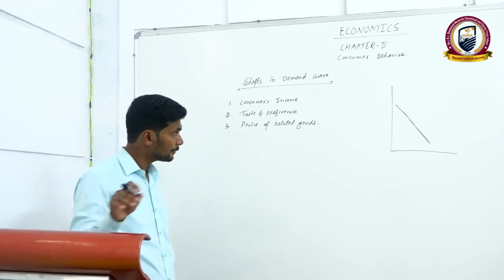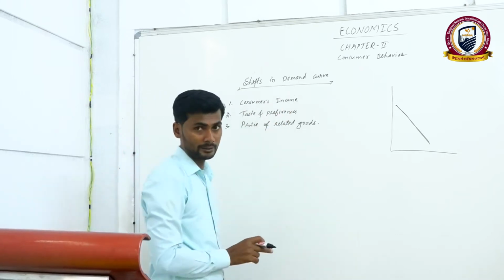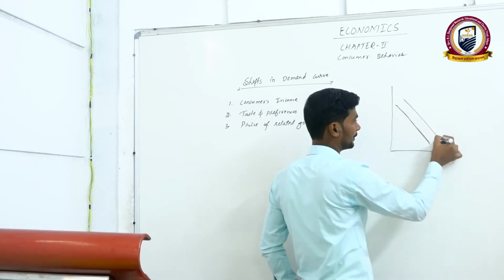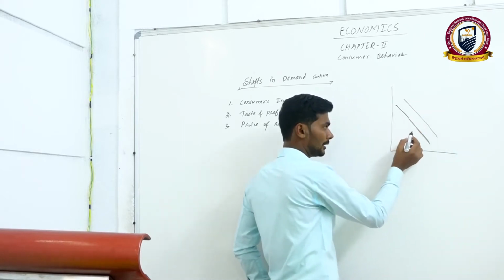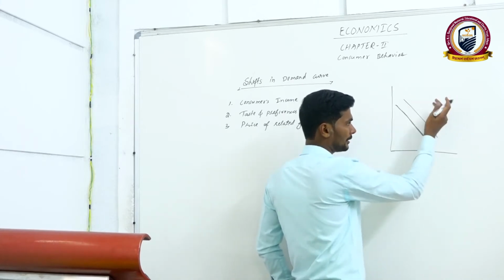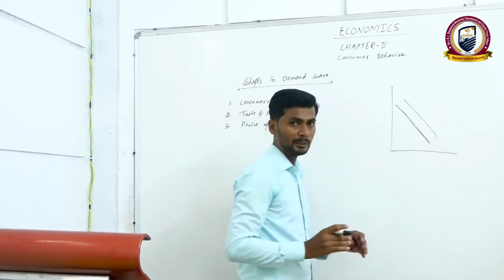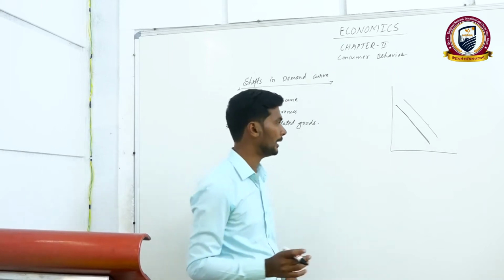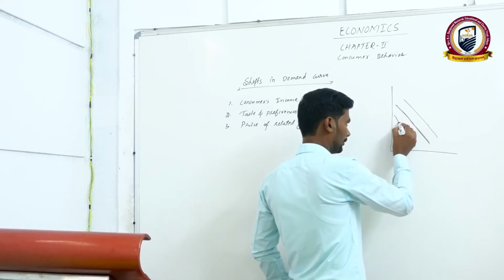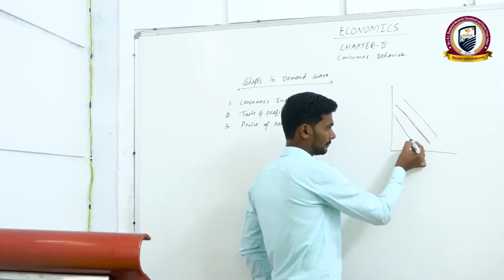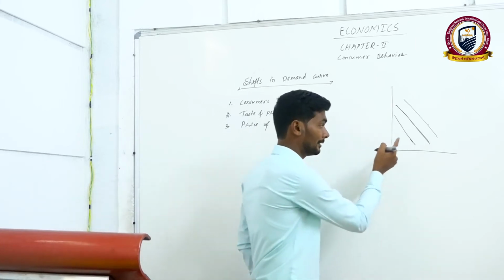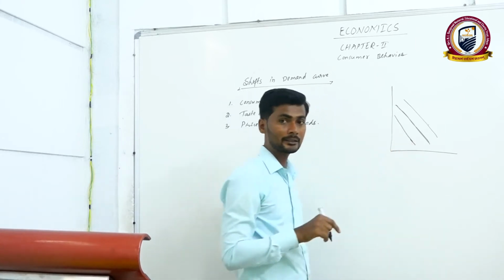Then a shift in the demand curve means changing the position of the demand curve like this. If the demand curve shifts upwards, it means the level of demand has increased. In case the demand curve shifts downwards or to the lower side, it means the level of demand has decreased.